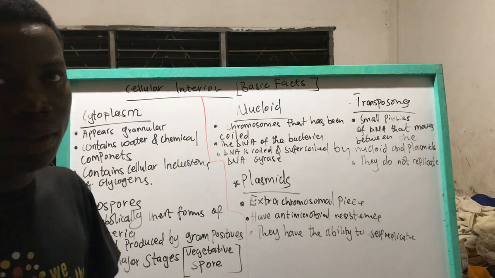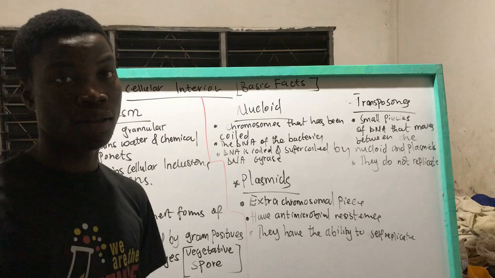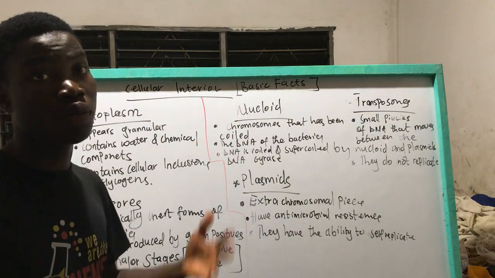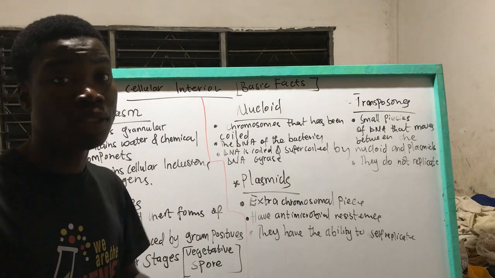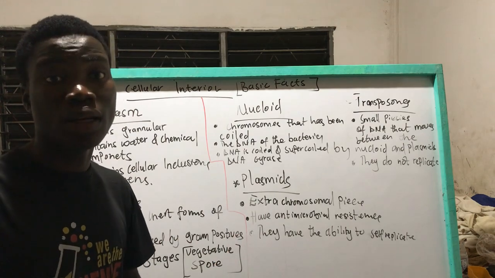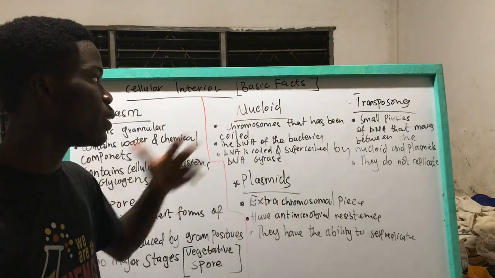Then we have the nucleoids. In a normal eukaryotic cell, you would say the nucleus, but we know that prokaryotes don't have membrane-bound structures, so therefore they don't have a nucleus, and they have their nuclear components scattered in their cytoplasm. So this is the same thing we have here.